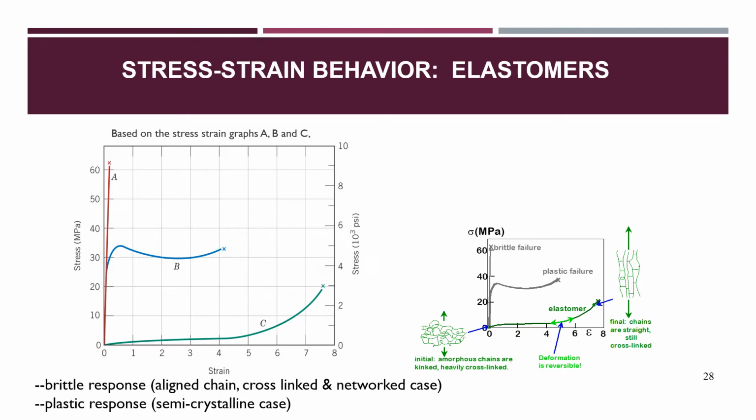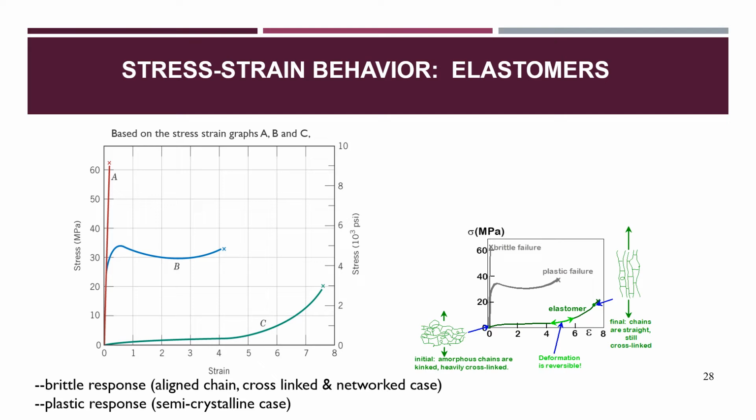Different from metal, here is the stress-strain behavior of elastomer or rubber and plastic. As you can see, it will increase a little bit, then decrease, and increase again before it breaks. So what happens is, initially, the amorphous chains are linked and heavily cross-linked.